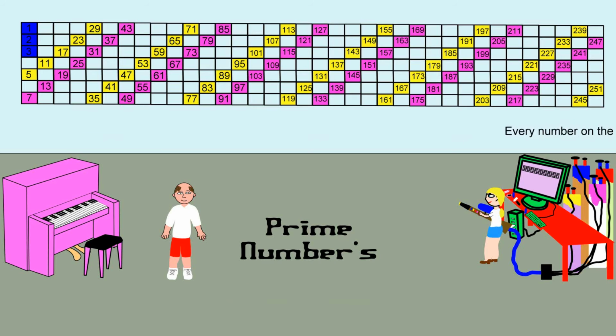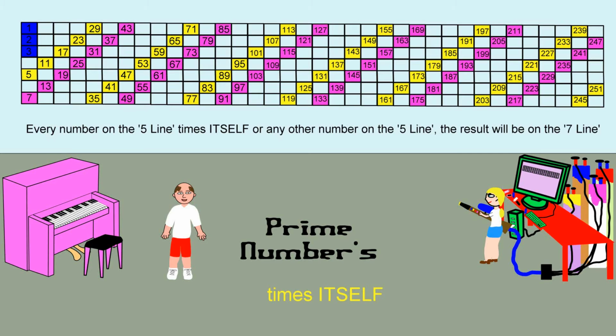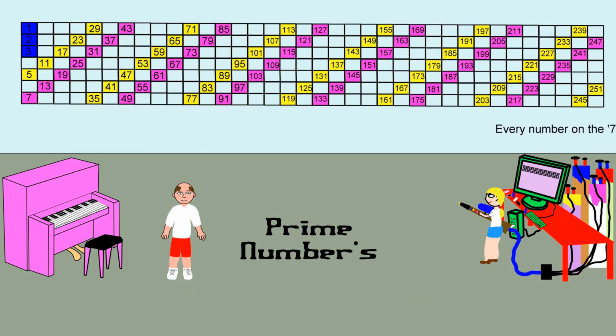Now check this one. Every number on the 5 line times itself or any other number on the 5 line, the result will be on the 7 line. Yes, 5 times 5 equals 25 on the 7 line. 11 times 17 equals 187, also on the 7 line. And here's another axiom, though this one is basically the same as the last one.